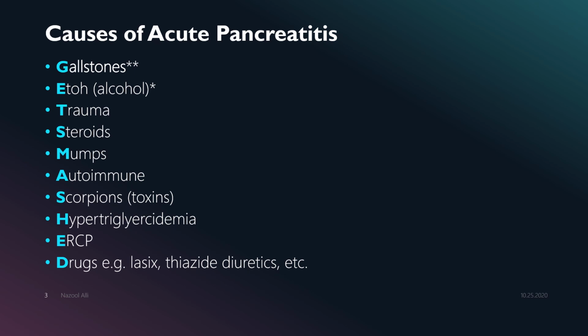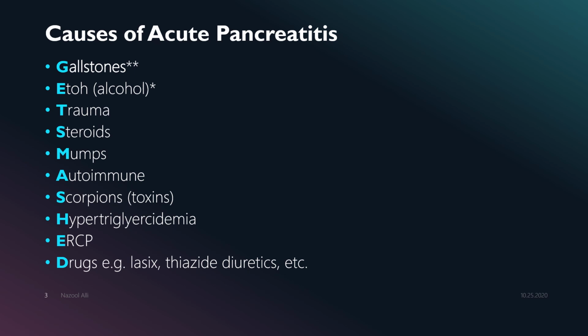etc. can also cause it. The reason why there are asterisks next to the gallstones and the ETOH abuse, or the alcohol abuse, is that those are the most common reasons why patients are subjected to pancreatitis. Of the two, gallstone trumps it.